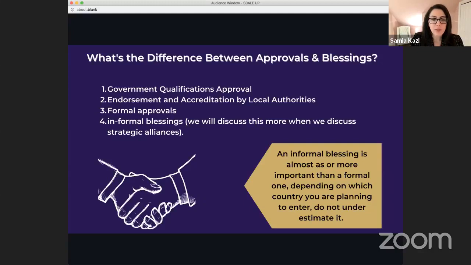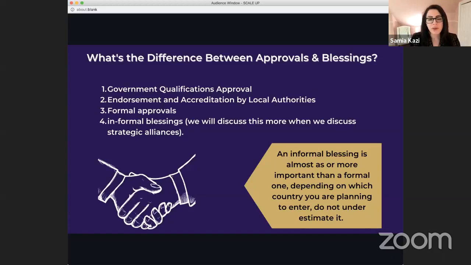And the difference here between formal approvals and blessings. So if you're offering, let's say, a qualification for teachers, a qualification for home visitors, for police officers working with young children and child protection units, whatever, if you are offering a qualification, then you may need to think about what kind of government approvals you need for that kind of qualification.